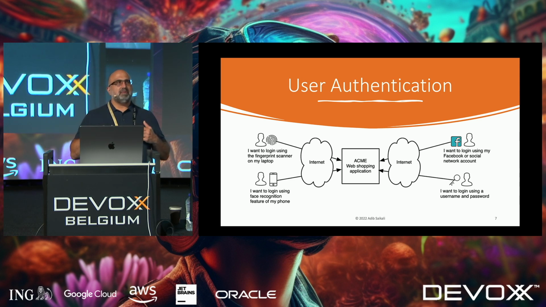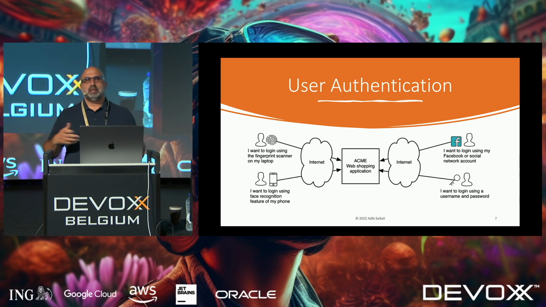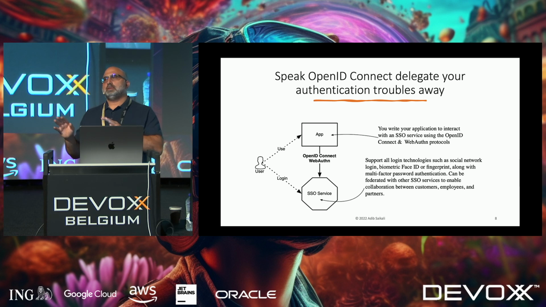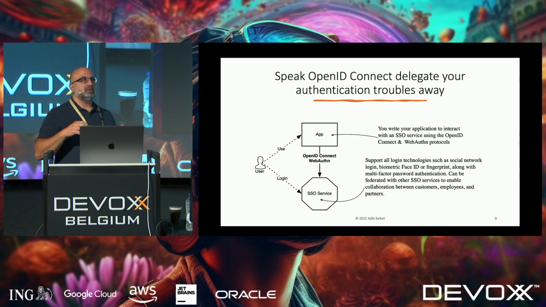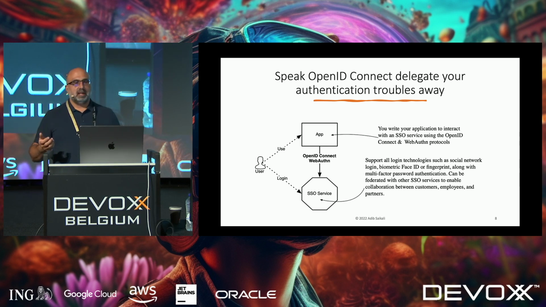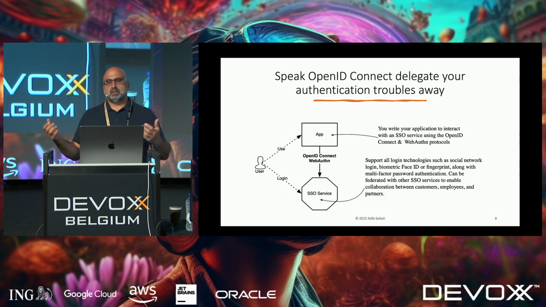Given the number of different ways that we can authenticate users, what we really want in 2023 is to just keep it really simple. You don't necessarily want to do authentication in your application. You want your application to be an OpenID Connect client. Then you direct your request to some sort of single sign-on service.